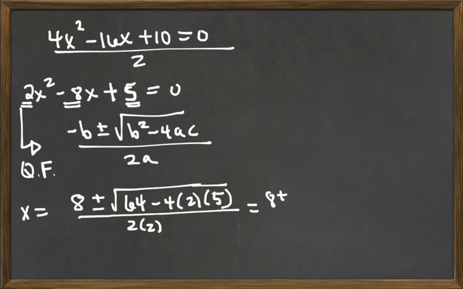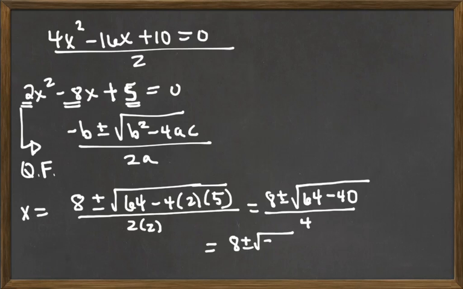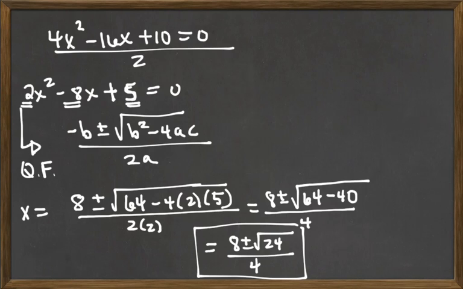So we have 8 plus or minus the square root of 64. Now 4 times 2 is 8. 8 times 5 is 40, so minus 40 all over 4. So this becomes 8 plus or minus the square root of 24 over 4. Beautiful. That's our final answer, which could be simplified further, or we can leave it just like that.